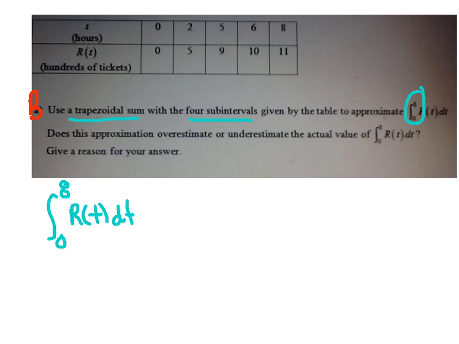Second of all, here's where it gets exciting. You have to break this table up into 4 equal brackets. I know it's 4 because it says 4 subintervals. I don't mean the bases have to be the same, just your brackets have to be the same size. So for example, here to here, that's 1.